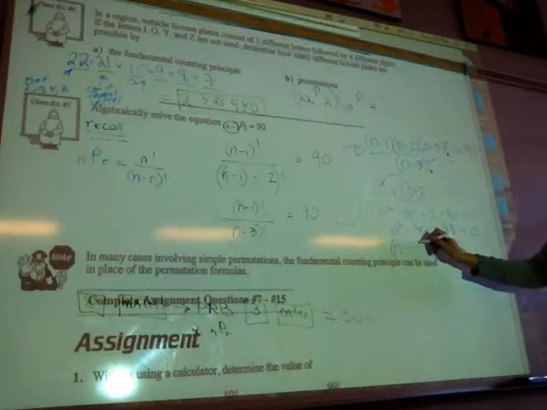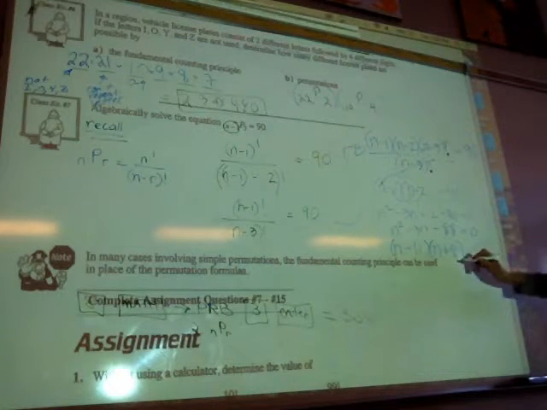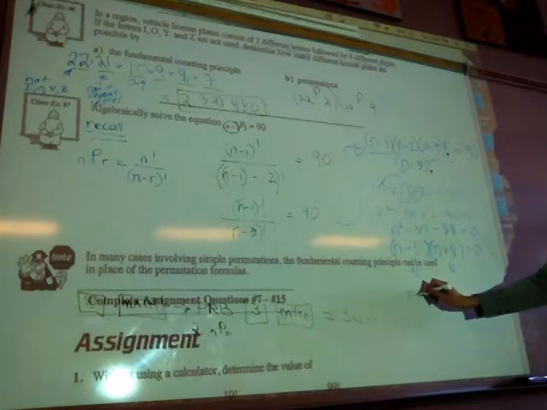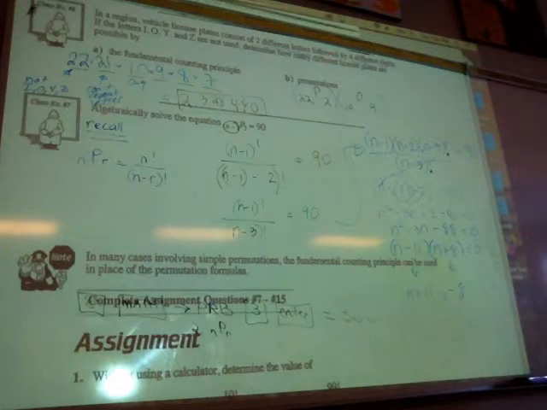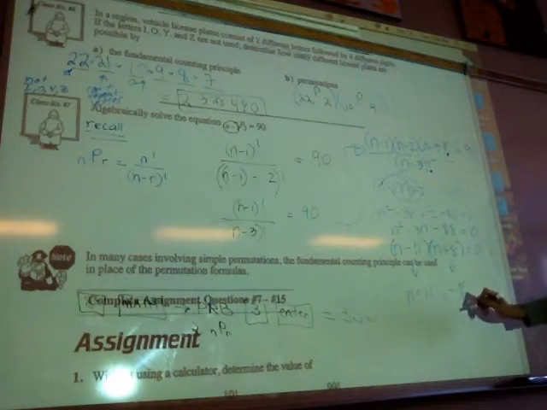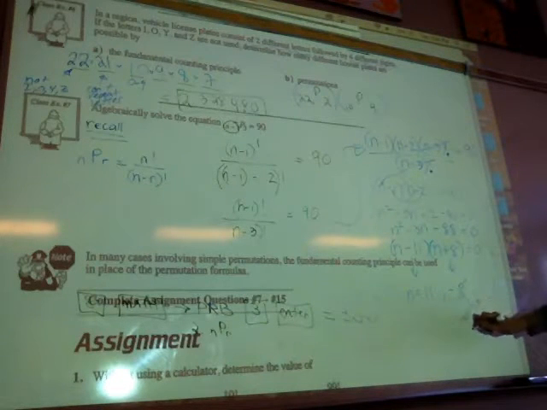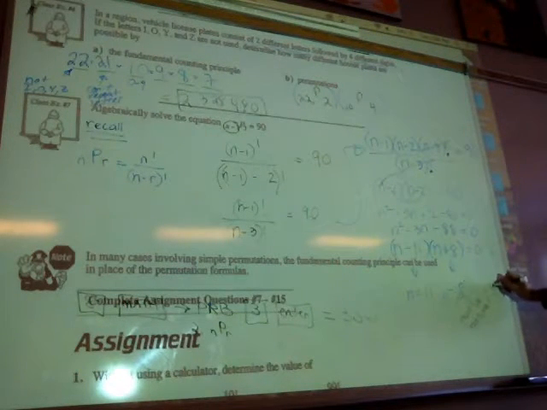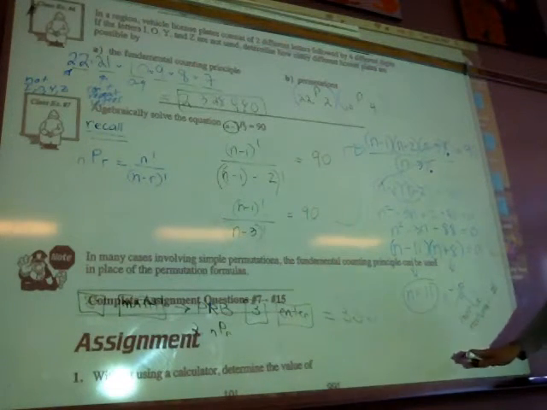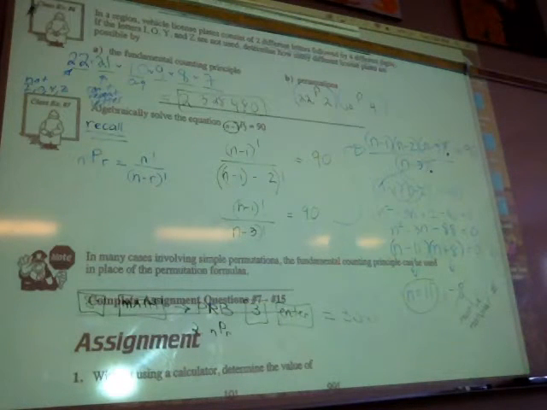So let's use negative 11, positive 8. And n will equal 11 and negative 8. What do I have to remember? n has to be a natural number. Okay, so my solution is n equals 11. So when you are taking n elements, n at a time, you can use the fundamental counting principle.